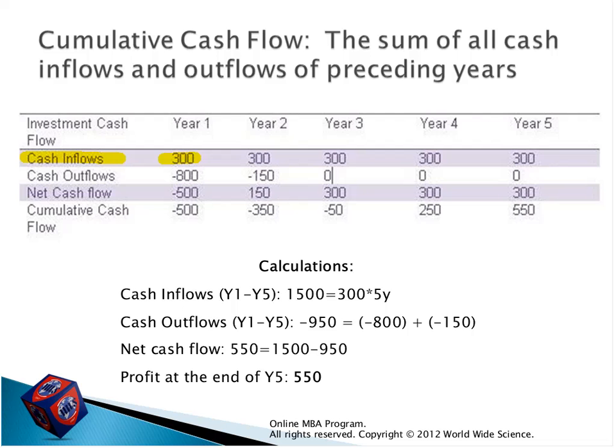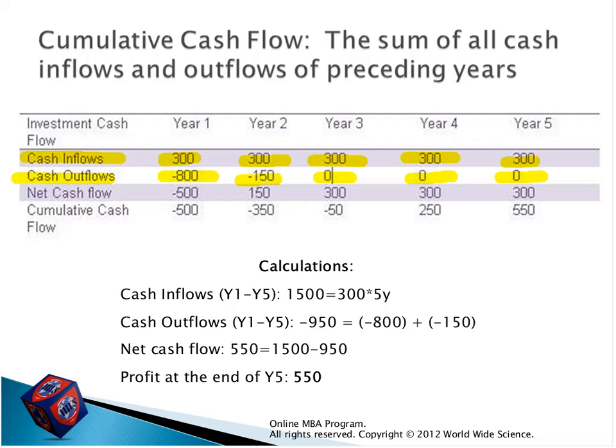For year 1 it is 300, year 2 the same 300, year 3 is 300, and for the rest of the years we receive 300 US dollars. And the cash outflow, how much we invest, our investment costs: in the first year we invest 800, in the second year we invest 150, and the rest of the years are 0, as we have no investment costs.